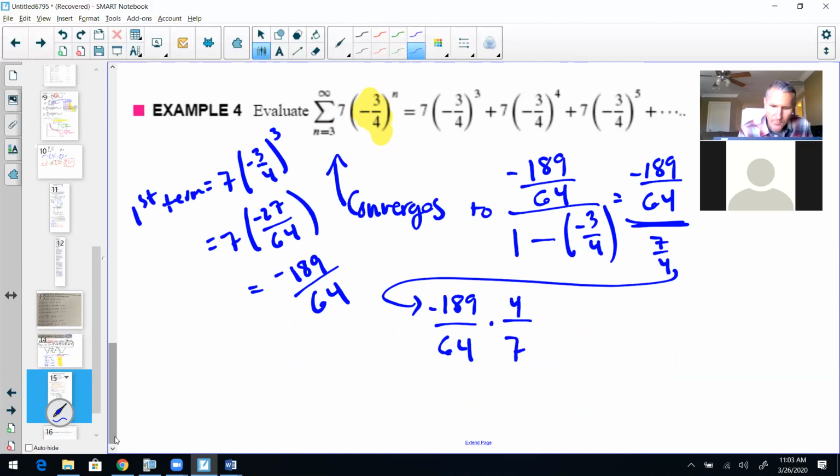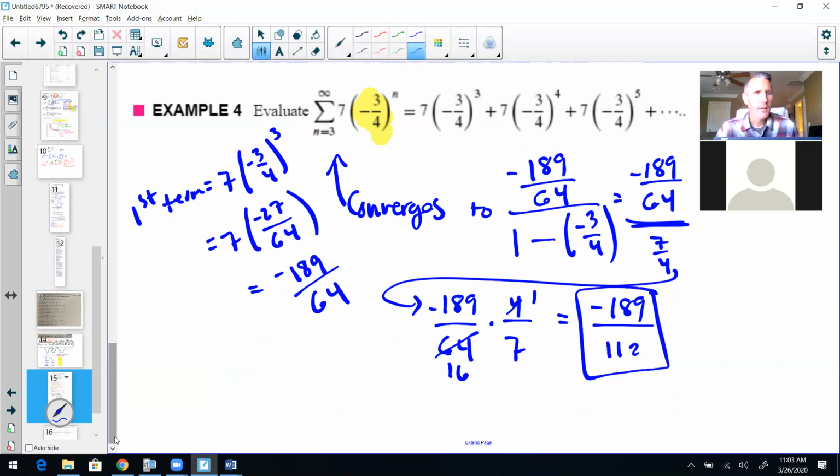Well, 4 goes into 4 once and into 64 sixteen times. So this ends up being negative 189 divided by 112. Does that make sense? Is that what you guys got?